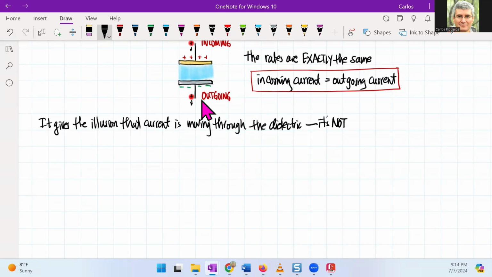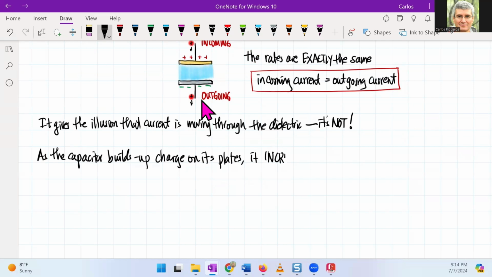It's not, but it feels like it's going through it. Then we continue to move on. As the capacitor builds up charge on its plates, it increases in voltage.